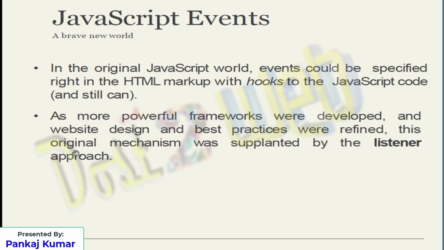You can also use events in a framework. A framework is based on MVC architecture: model, view, and controller. When you design a website or define your methods, and you want a more secure way, then you use some framework.